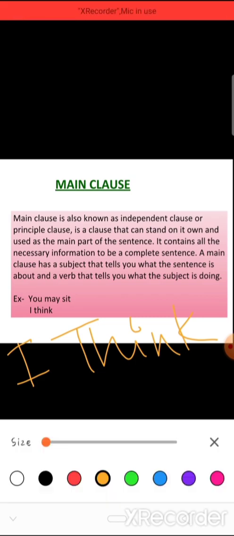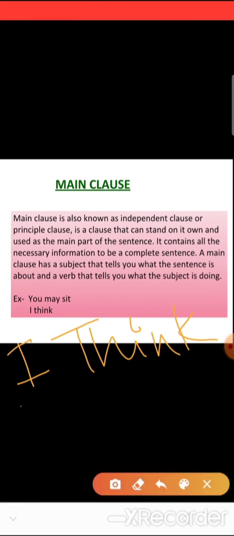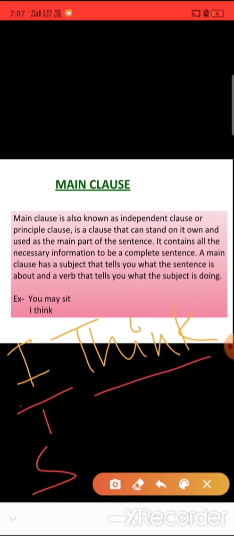Here again the subject is I, because it is talking about I, and what the subject is doing, it is thinking. That is the verb. And now it is complete. I think. But if I add something more to it, it will become a phrase or a second dependent clause.